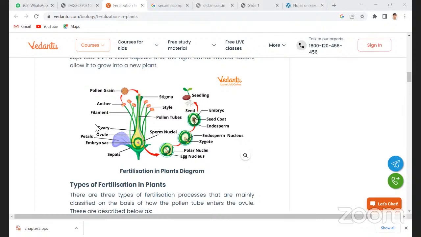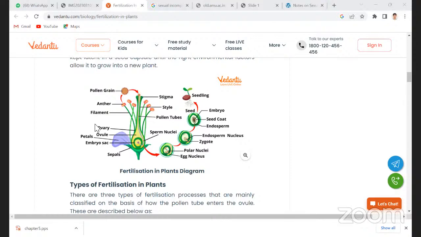Embryo and endosperm are two different things. The endosperm is the nutritive tissue for the developing embryo in phanerogams and gymnosperms.